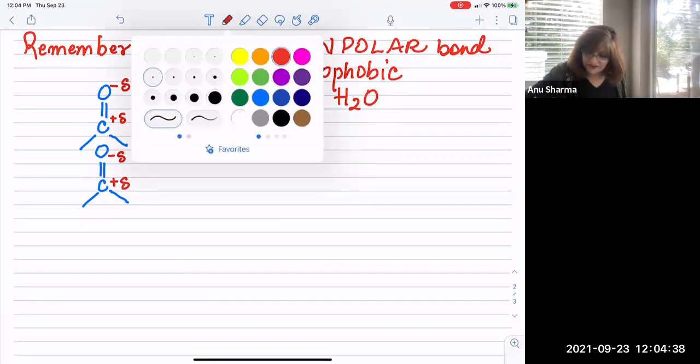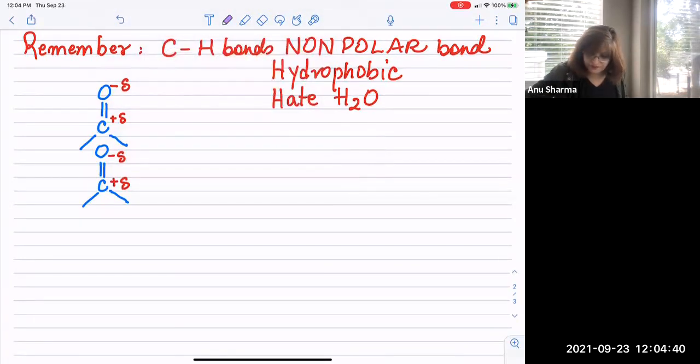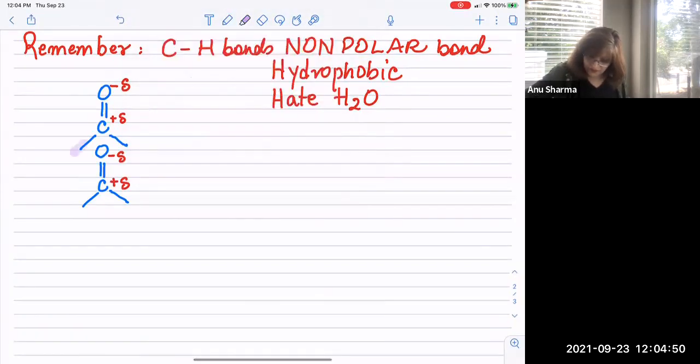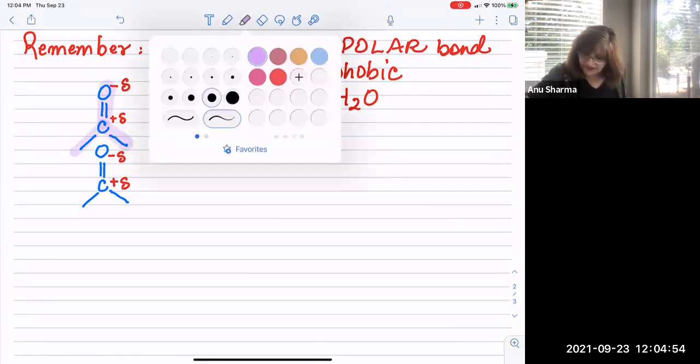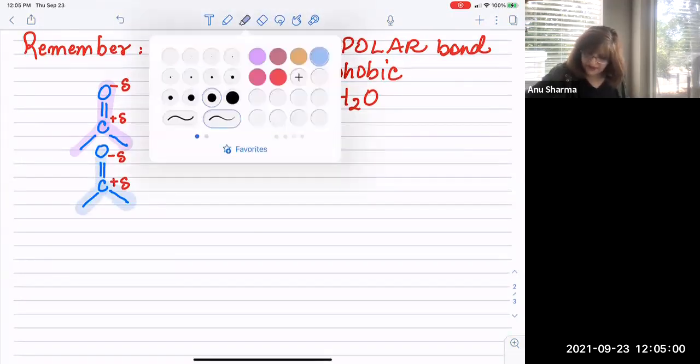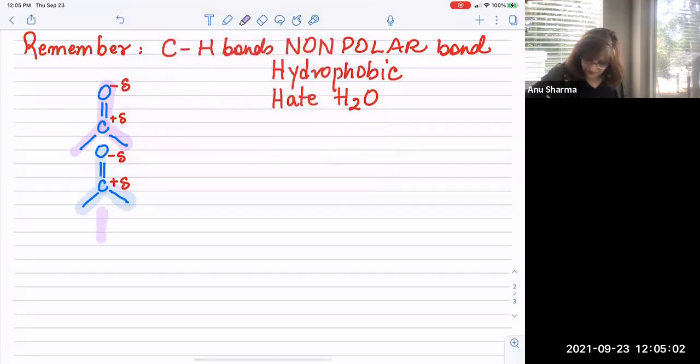So this is one neighboring molecule, and the other one is this one. And then comes the next one, and then the next one.